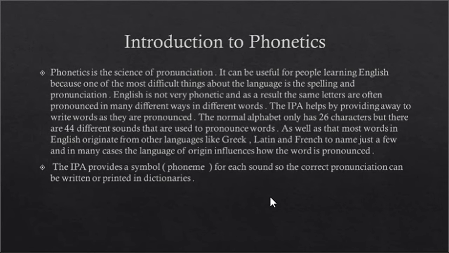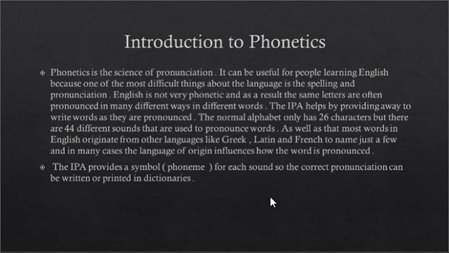The IPA helps by providing a way to write words as they are pronounced. The normal alphabet only has 26 characters, but there are 44 different sounds that are used to pronounce words.